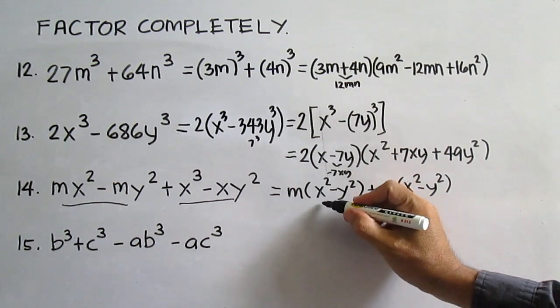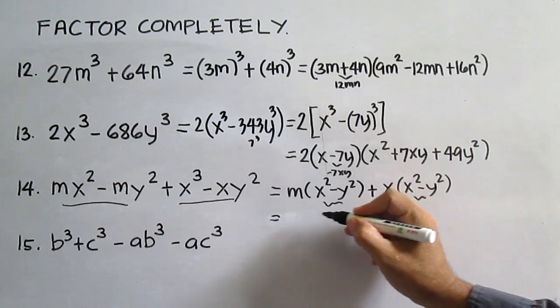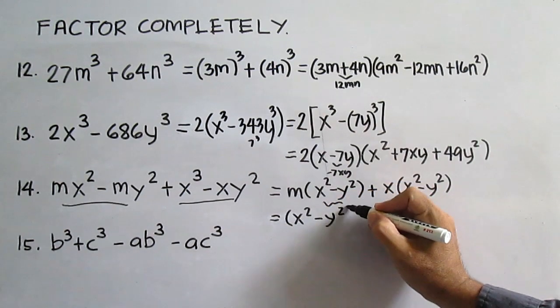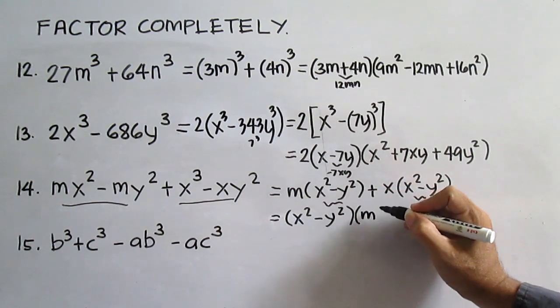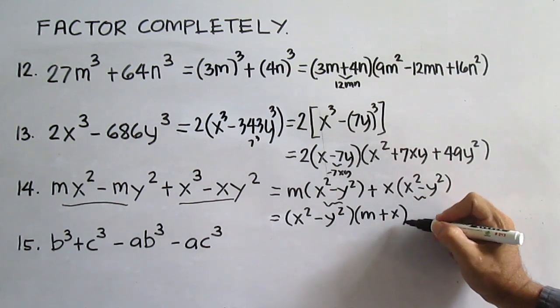Note that x squared minus y squared is common. Factor out x squared minus y squared. The other factor is m plus x.